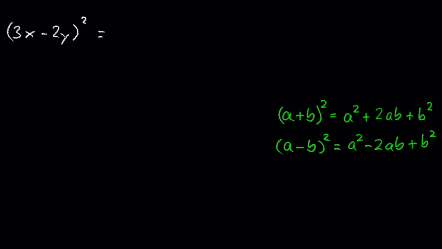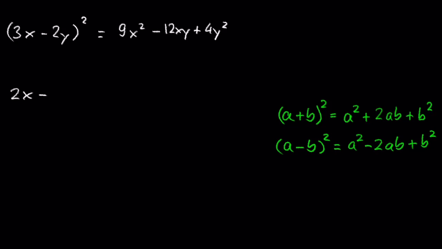The second binomial formula says to square the first term, which is then 9x squared, square the second term, which is then 4y squared, and multiply the first and second term by negative 2, so we get negative 12xy for the term in the middle.